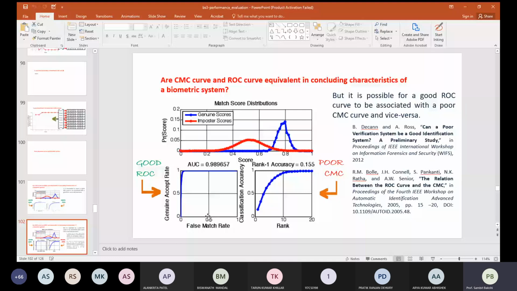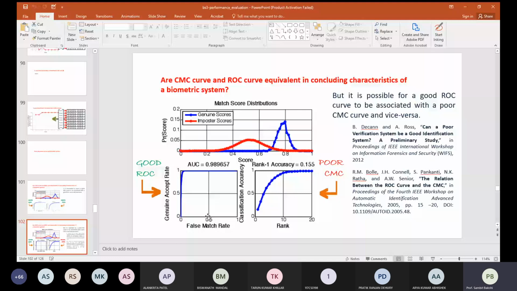But here in case of CMC, it's a comparison between the live query of a data with the stored template of the data or other data. So this is what people published, and there are such examples.